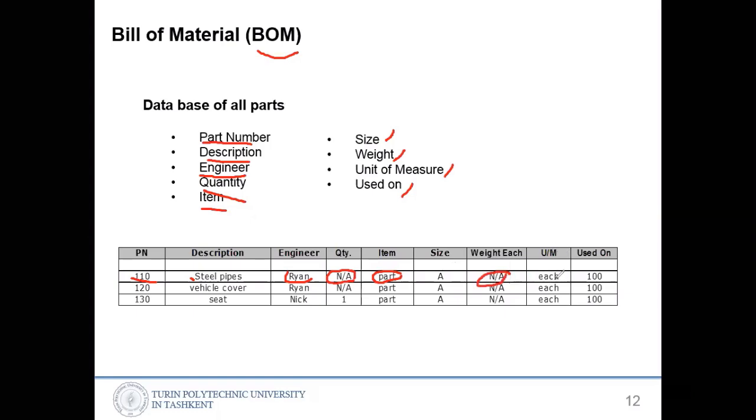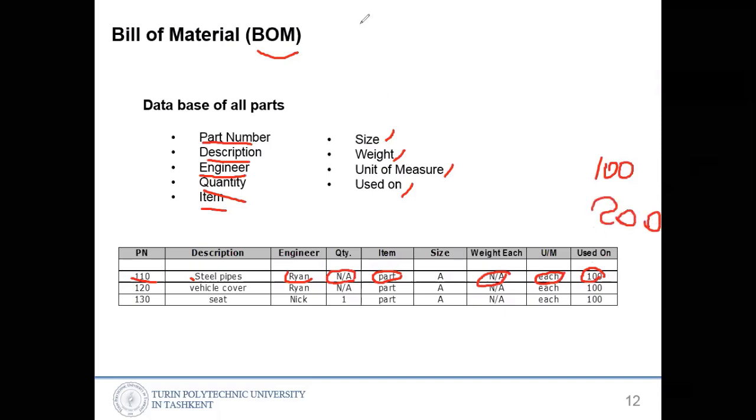And unit of measure, each of them might be the same unit. And used on product number 100. You have your own description of 100. 100 means some kind of product, your own product. If you have a different product, you can use 200.